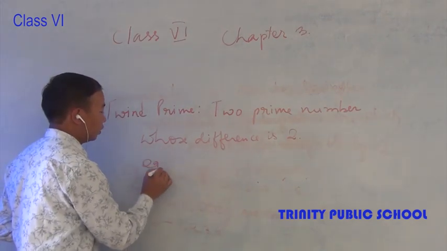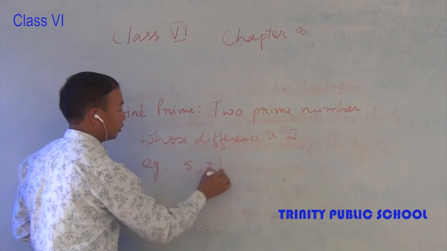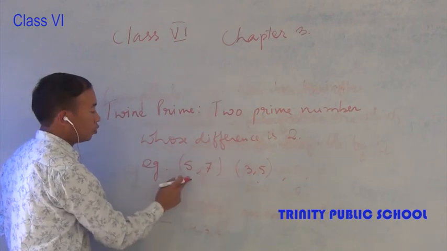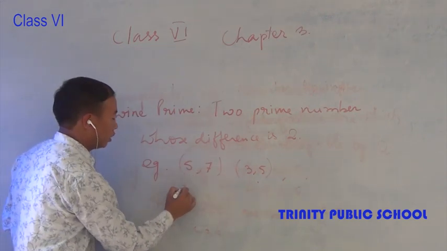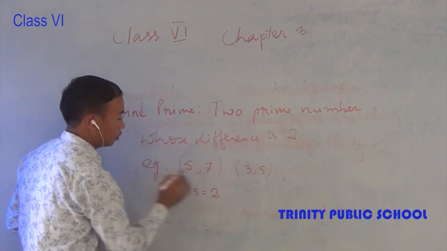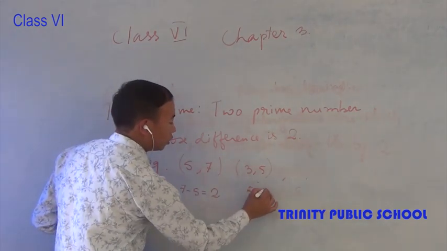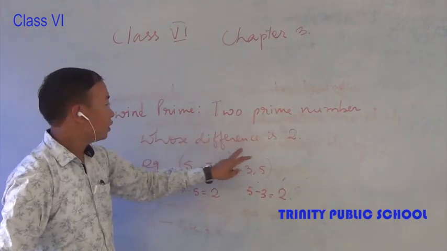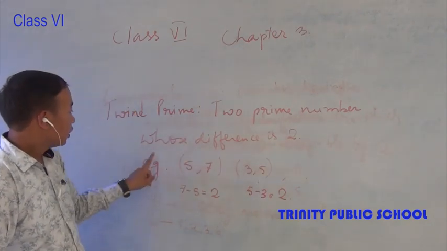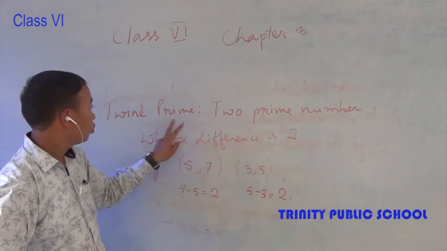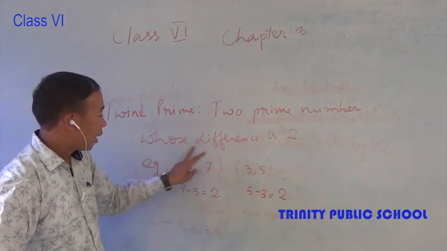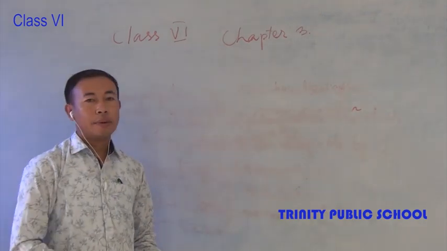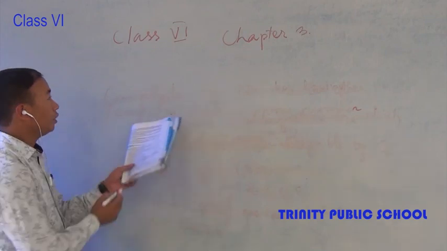Let's see the examples: 5 and 7, 3 and 5. They are called twin primes because the difference of these prime numbers is 2. Here also 5 minus 3 is 2. So 5 and 7 are called twin primes because the difference between these two prime numbers is 2. Here also the same, 2.